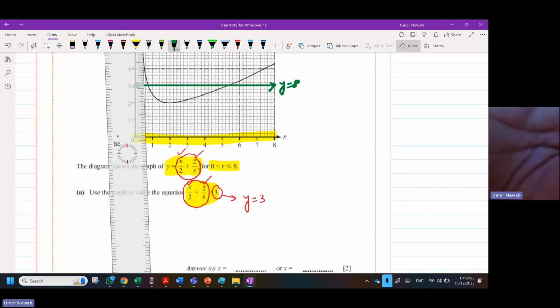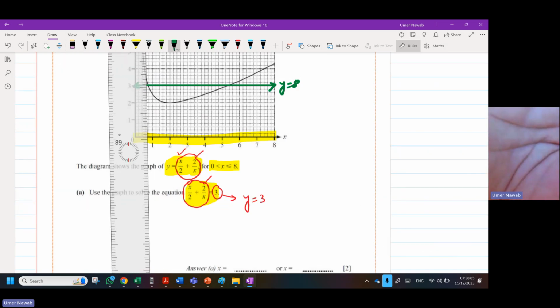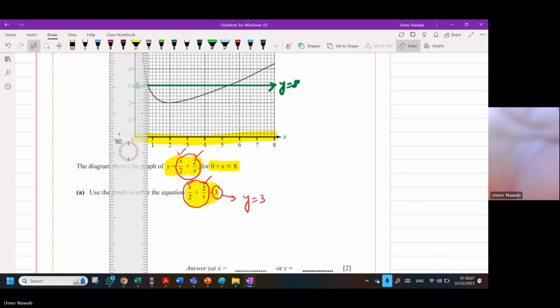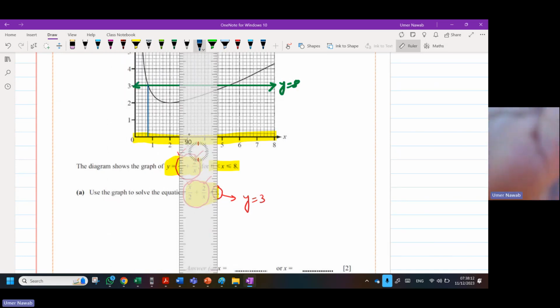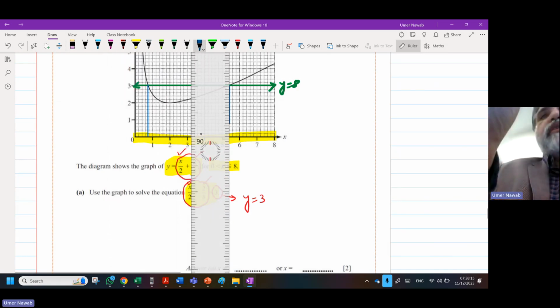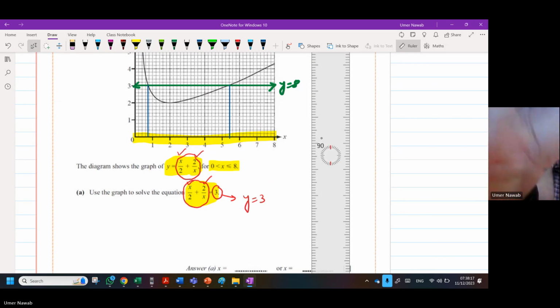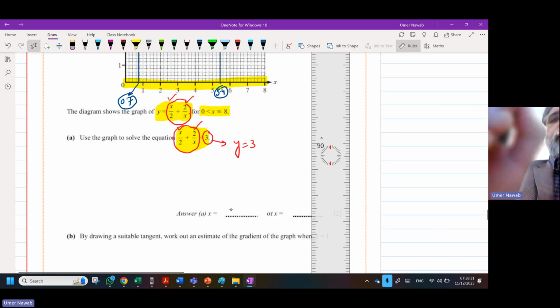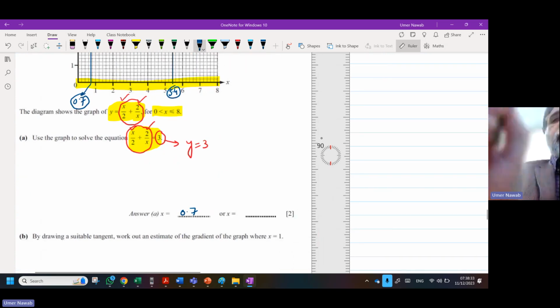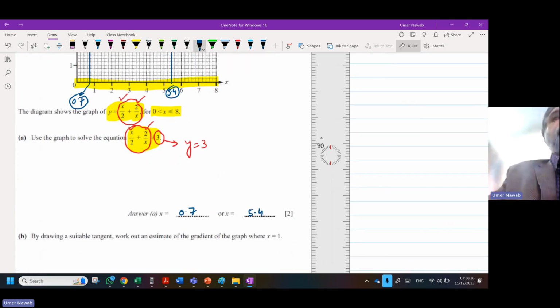I'm concerned about the points of intersection of the curves. So this is the first point of intersection, and this one is the second point of intersection. So it looks like 0.7, and this looks like 5.4. So 0.7 and 5.4.